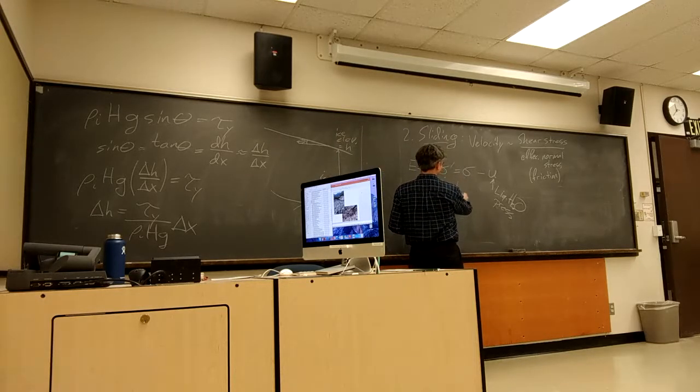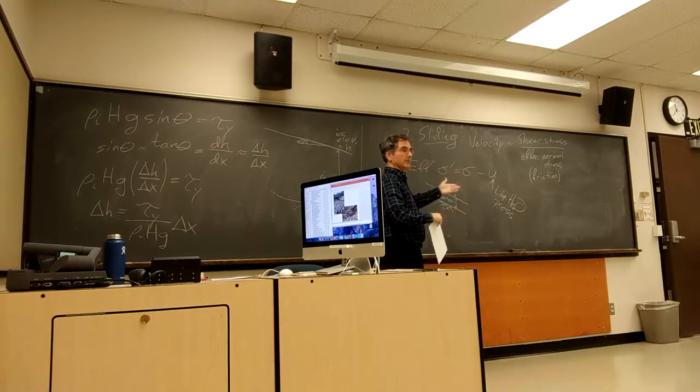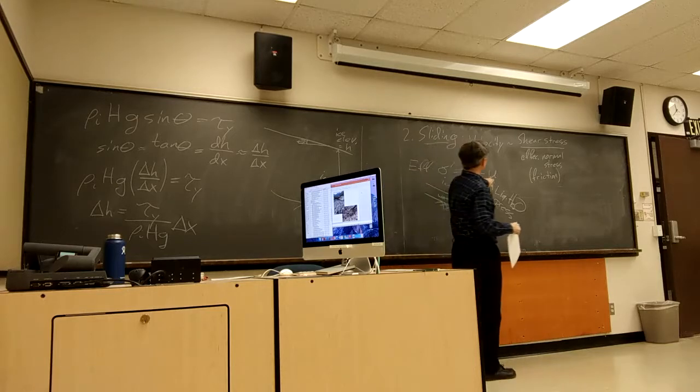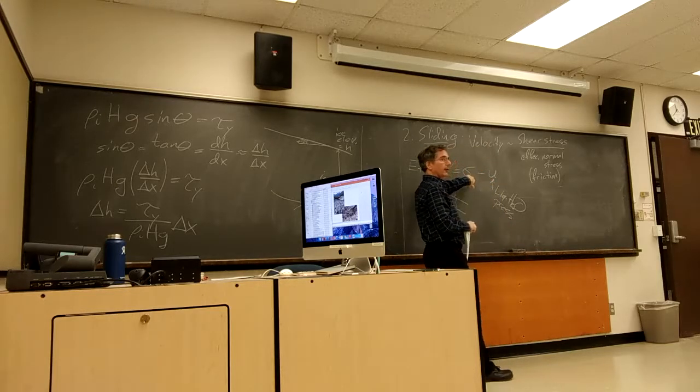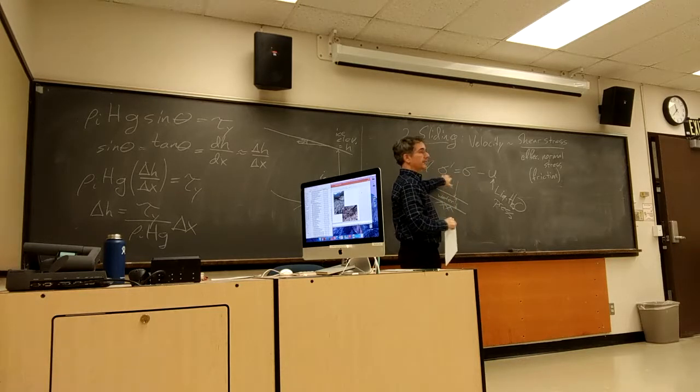And what do you know? It's going to essentially bear some of the weight of the ice. That pressure is going to subtract from the normal stress to give me an effective stress and a smaller amount of friction. So that's how it happens.